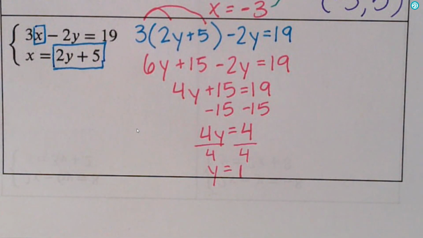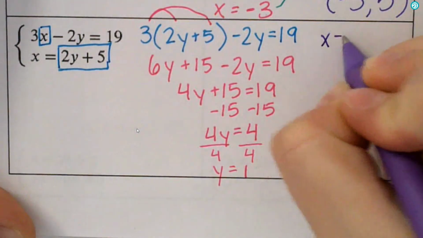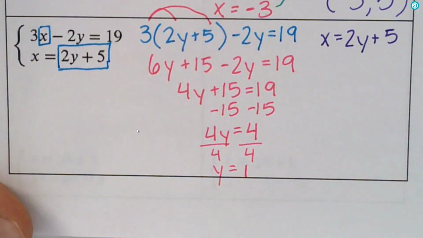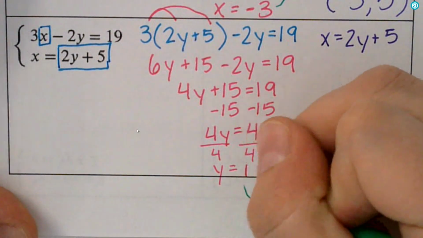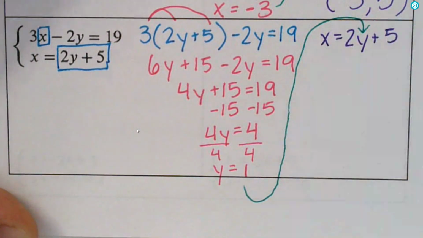Okay. Now this one we solved for y first. We still need to go solve for x. So we're going to take our equation that's already solved for x, x equals 2y plus 5. We now know that y equals 1. So we can take that 1 and plug it in for y.